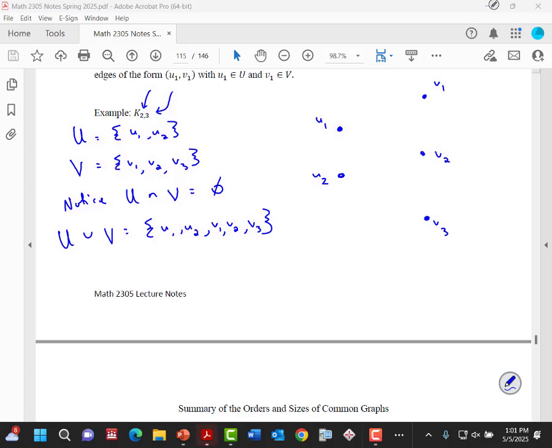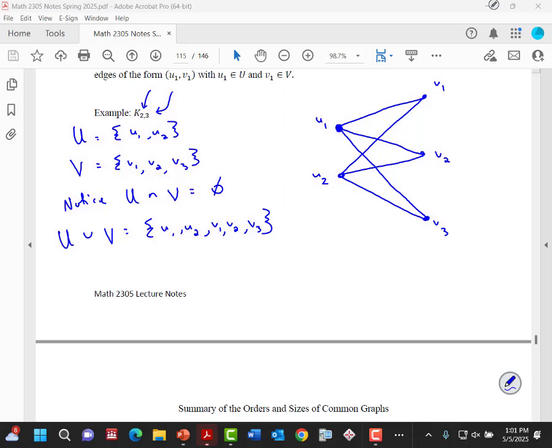Now, because this is the complete bipartite graph, this means that U1 has an edge to V1, V2, and V3. Similarly, U2 has an edge to V1, V2, and V3.